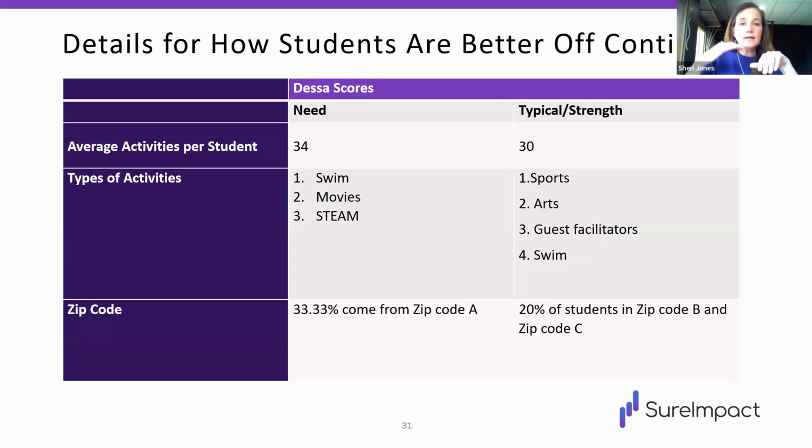So when they looked at the difference between those who had yet to get to typical or strength DESA scores, they were able to see the activities were different. So the kids who still had needs predominantly only went to swim, movies, and some STEAM activities. Whereas those who had improved to typical and strength were involved in a more variety of activities. They went to art, sports, guest facilitators, and swim.